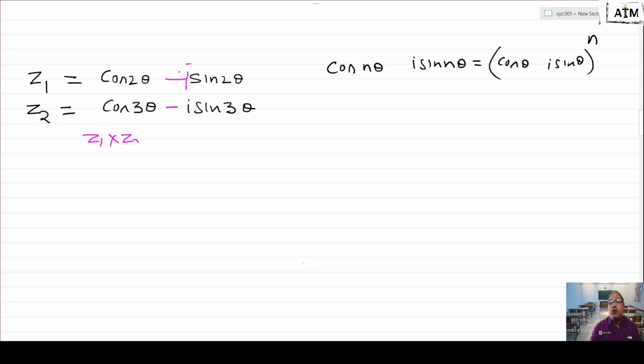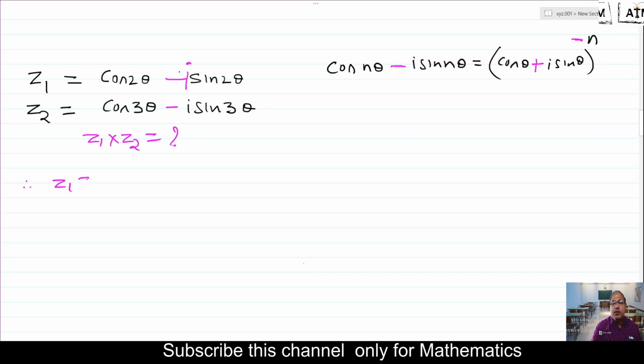Then how do we find z1 into z2? We know the formula, cos n theta minus i sin n theta equals (cos theta + i sin theta) raised to minus n.